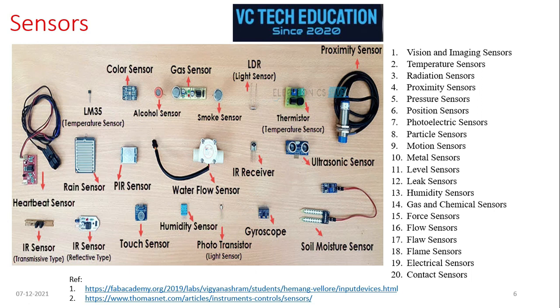Sensors: vision and imaging sensor, temperature sensor, radiation sensor, proximity sensor, pressure sensor, position sensor, photoelectric sensor, particle sensor, motion sensor, metal sensor, level sensor, leak sensor, humidity sensor, gas and chemical sensors, force sensor, flow sensor, flaw sensor, flame sensor, electrical sensors and contact sensors.